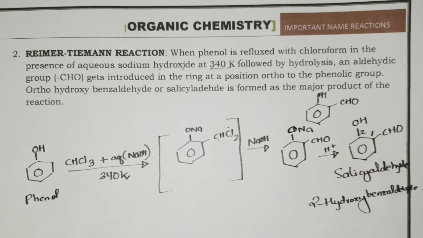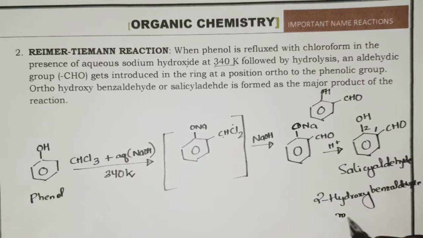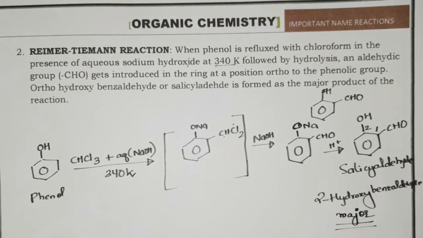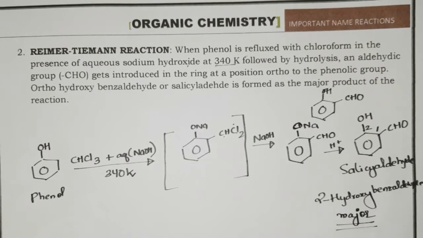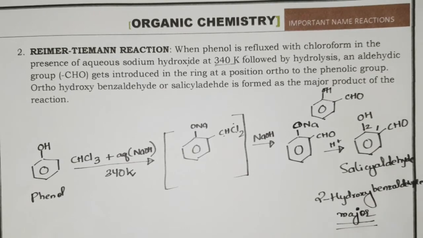In this case also the para isomer will form, but in minor amount, and you will get salicylaldehyde as major product. So Reimer-Tiemann reaction is the preparation of salicylaldehyde, 2-hydroxybenzaldehyde, and Kolbe's reaction is the preparation of salicylic acid, 2-hydroxybenzoic acid.